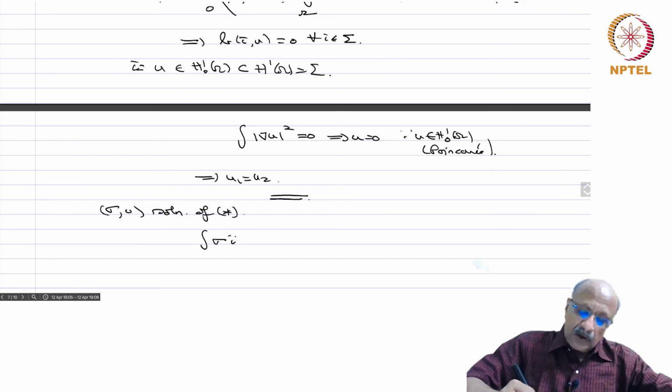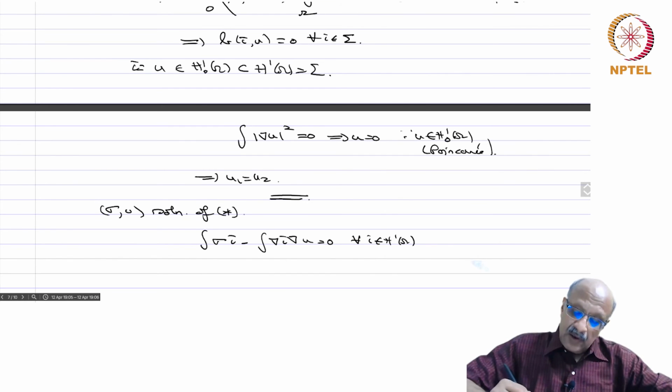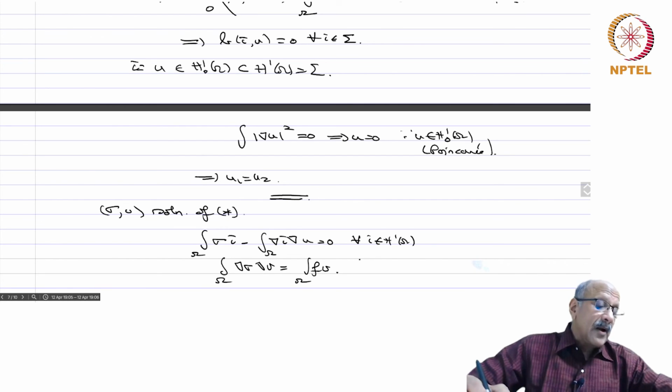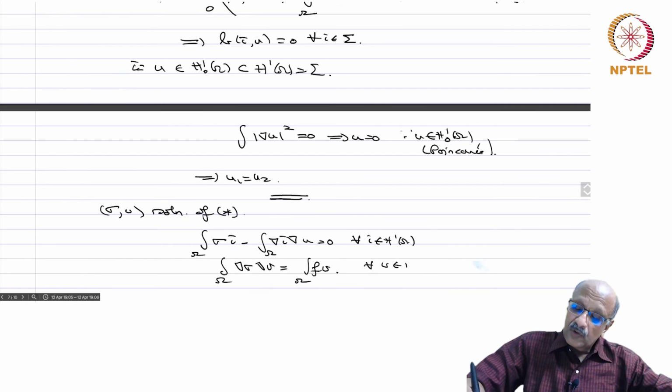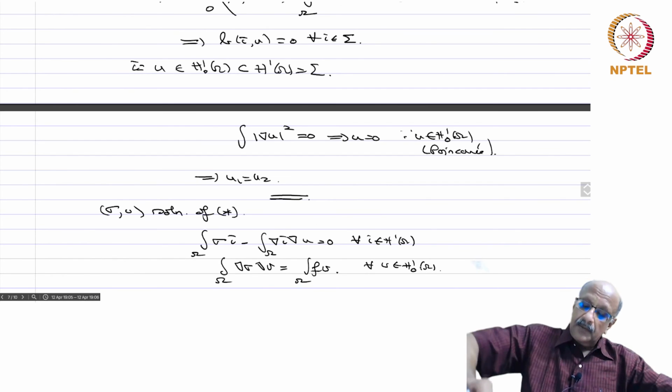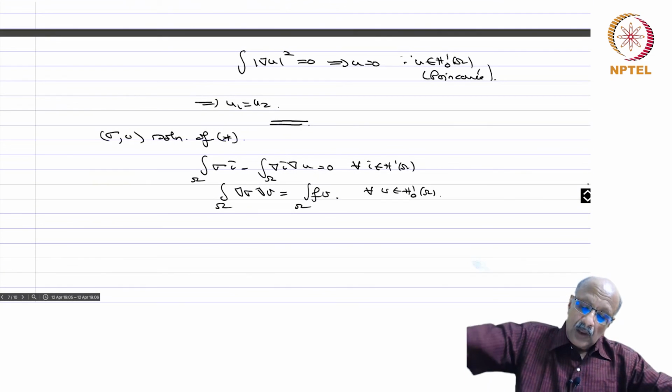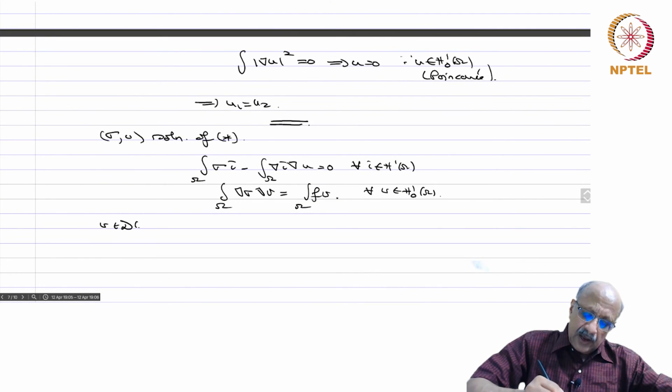So integral sigma tau minus integral grad tau grad u equal to 0 for all tau in H1 of omega, and you have integral grad sigma grad v equals integral f v, for every v in H1 0 of omega. So if you use v in D of omega, then this implies that minus Laplacian of sigma equals f in D prime.